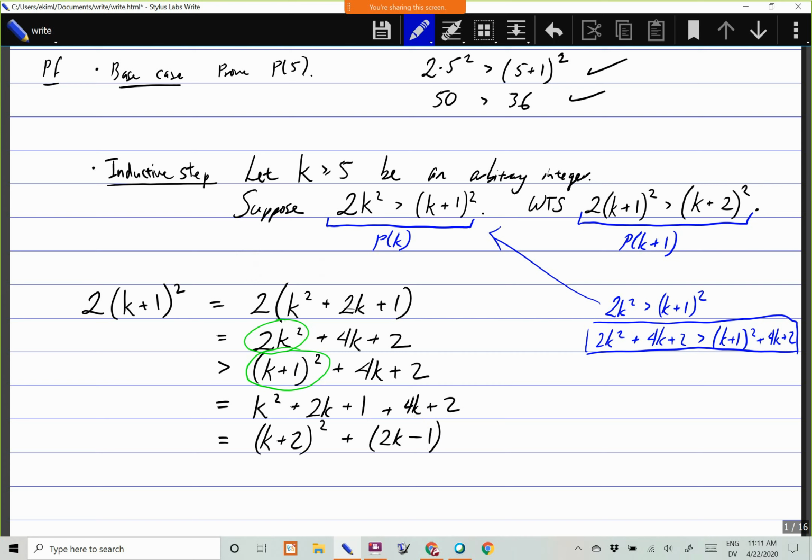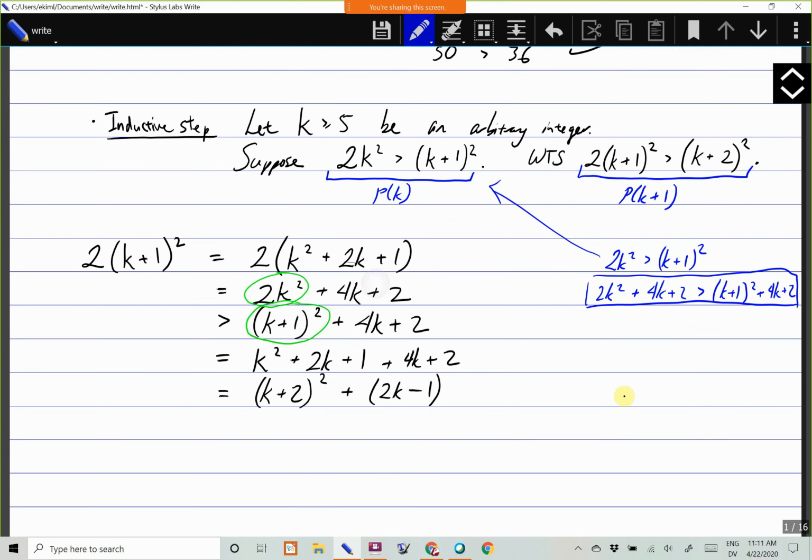Off to the side, I have this side argument that I want to make right now. Namely, I want to note that 2k minus 1 should be bigger than or equal to 2 times 5 minus 1, and this is because k is greater than or equal to 5, right? Up here, we don't have control over what k is, other than we know that the reader picked k to be something bigger than or equal to 5.